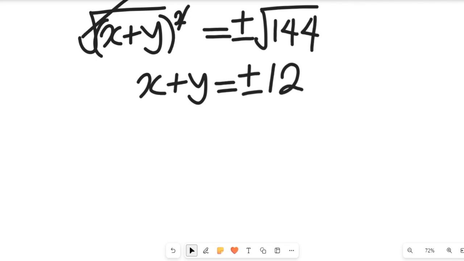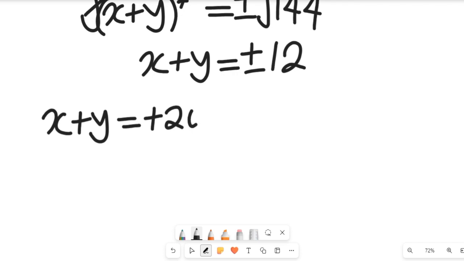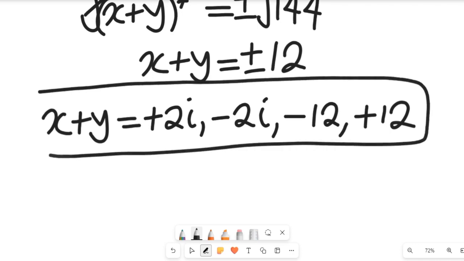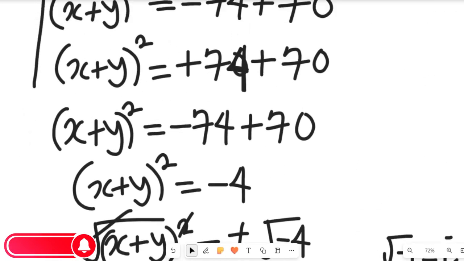So the four different solutions to that expression is we're going to have our x plus y to be equal to plus 2i, minus 2i, minus 12, and then plus 12. These are the four solutions for the value of x plus y that we are asked to look for.